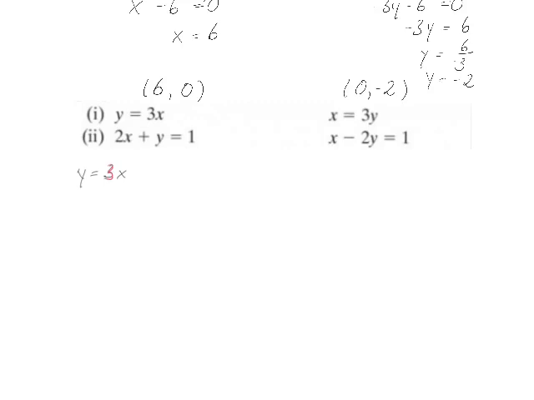So the slope here is 3, and then we have x equals 3y. We can't read the slope from here yet. We need to rearrange. So first of all, I'm just going to turn it around. 3y equals x. I divide by 3. y equals x over 3.